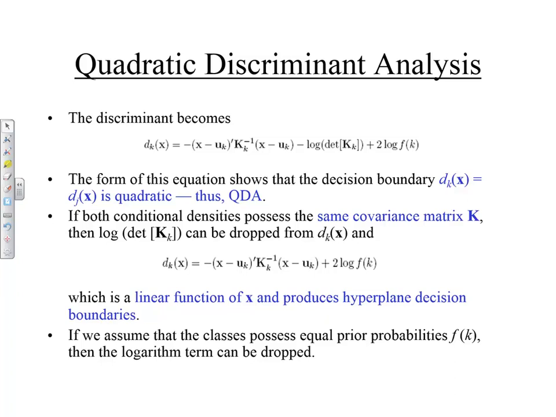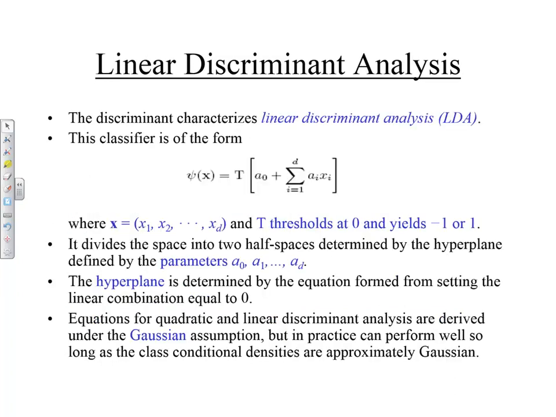Now you can go a step further. If you assume that both the classes have equal prior probabilities, that is pi k, even this term will drop out, and you're going to get linear discriminant analysis, a straight line. So when both classes have the same prior probabilities, the discriminant characterizes what is called linear discriminant analysis.